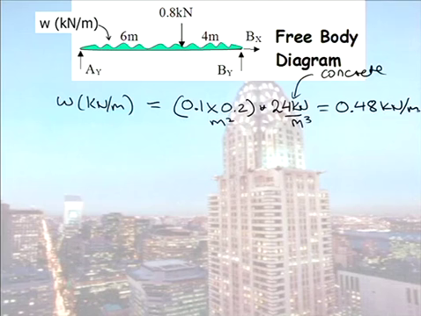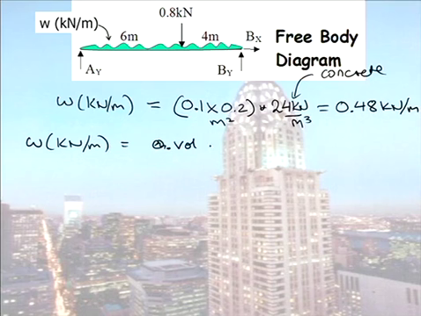If you're sitting there right now saying, why did she multiply that by that? Let's do it the long way. That total beam weighs volume times density divided by length. So the volume is my area times my length.